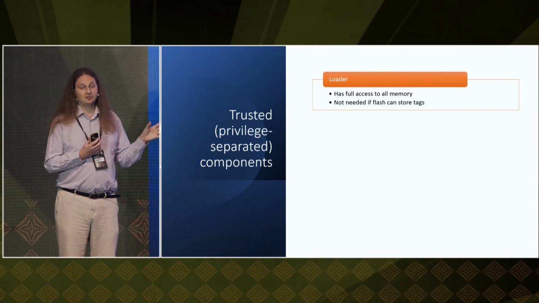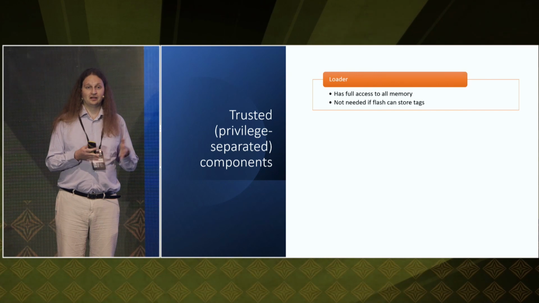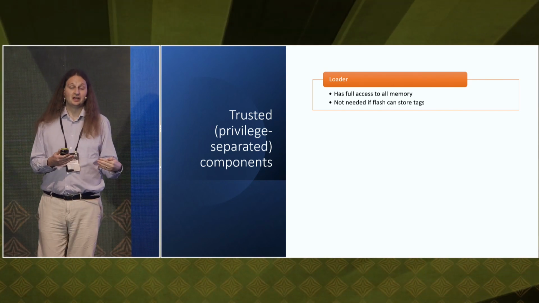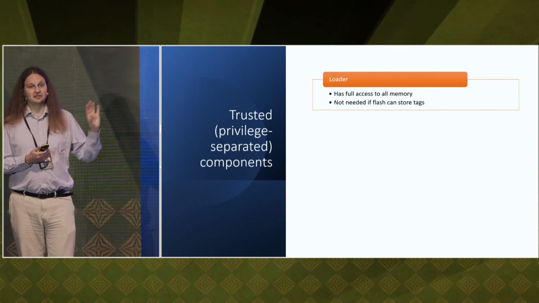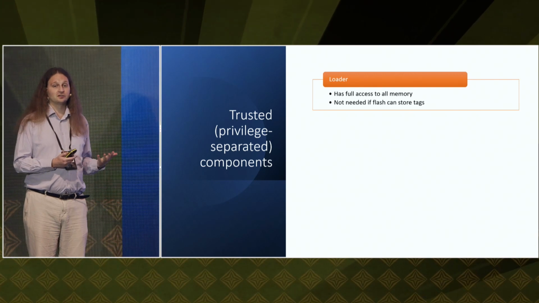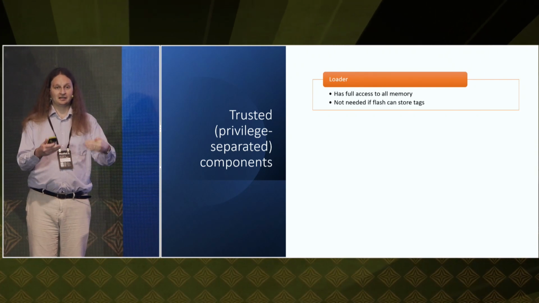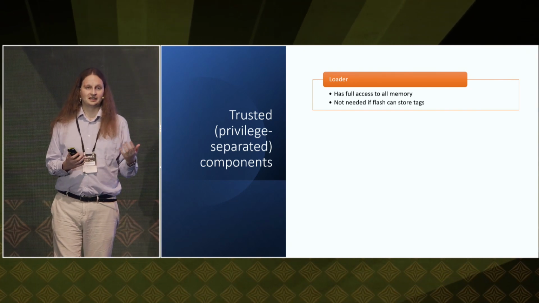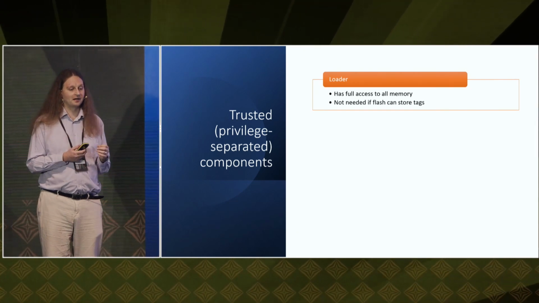If you are building a device that has flash memory with execute in place that can store pointers, you actually don't need the loader at all. This is entirely a link time thing. But for a lot of the potential deployments, we want to be able to dynamically load code over JTAG or from existing serial flash directly into SRAM.